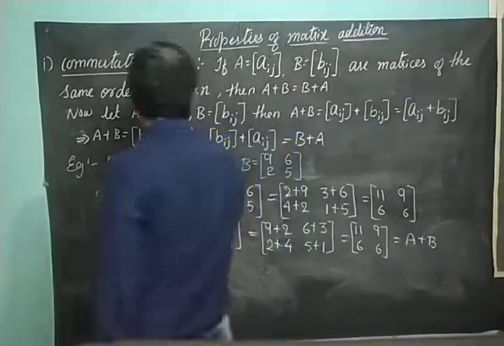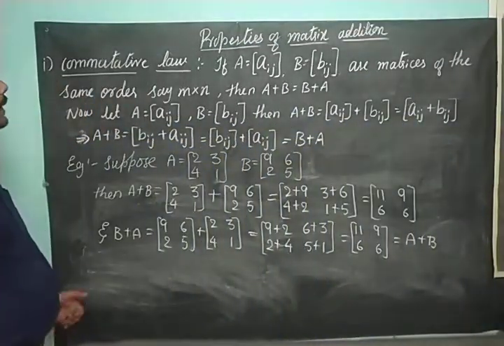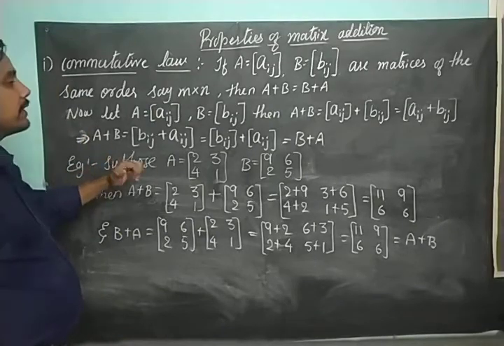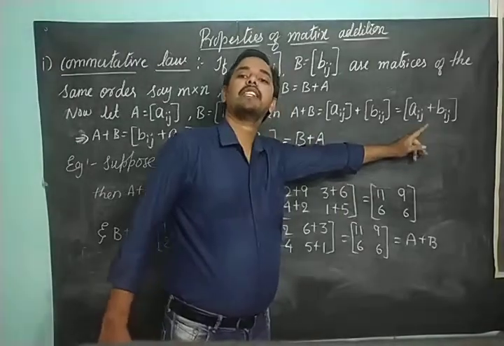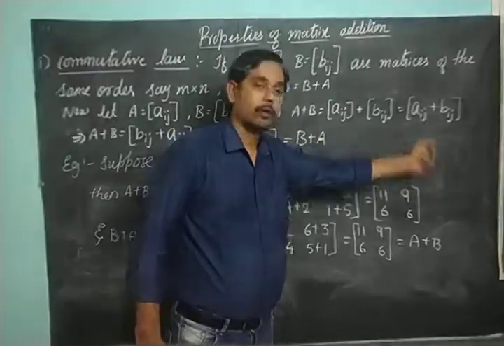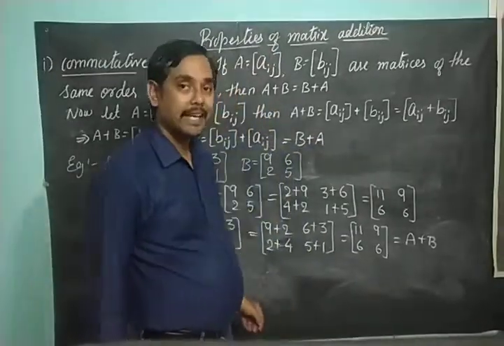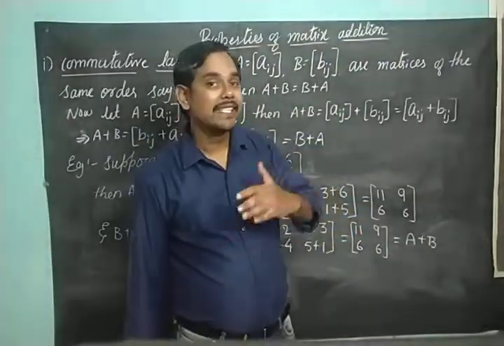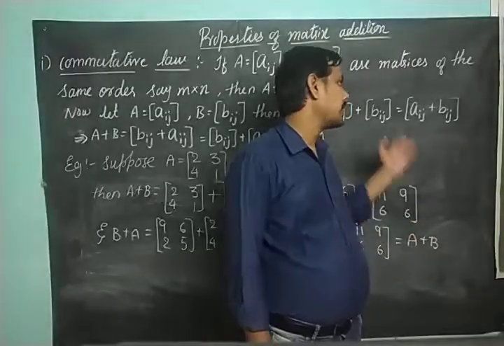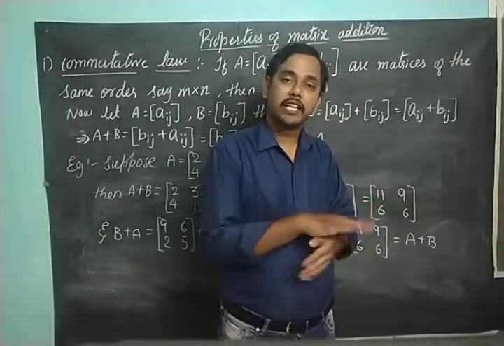So what is A plus B? That is Aij plus Bij. I can also write it as Bij plus Aij. Why? Because Aij and Bij are numbers, and addition can be reversed.